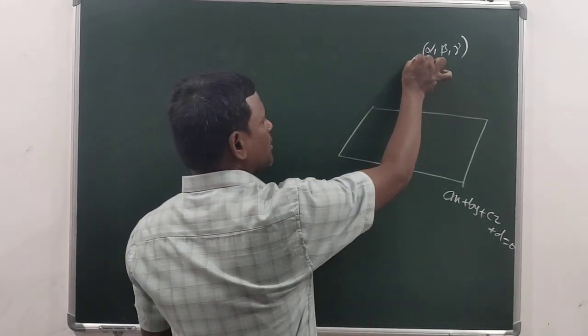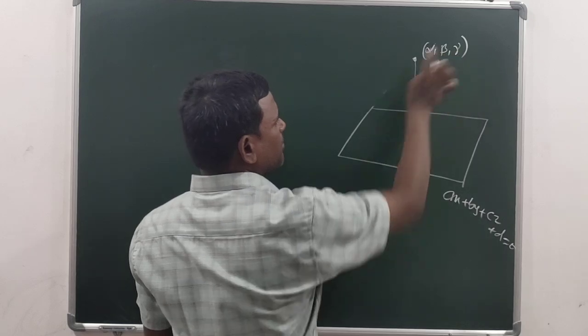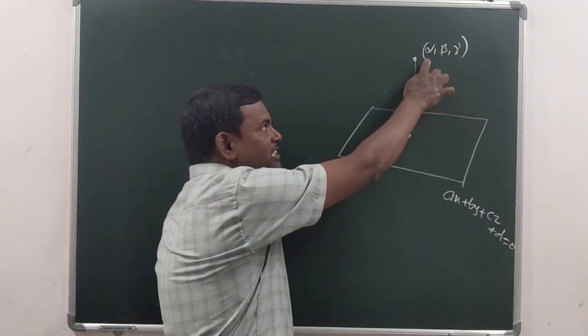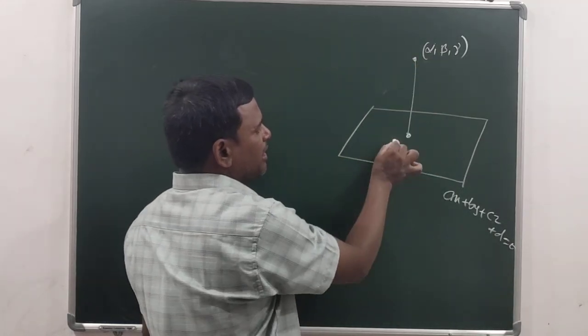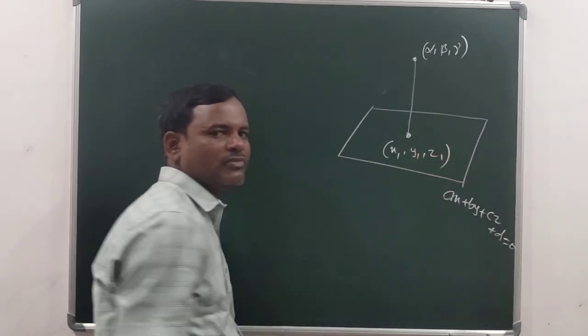Now find the foot of the perpendicular from this point on this plane. Let us take that foot to be x1 comma y1 comma z1.